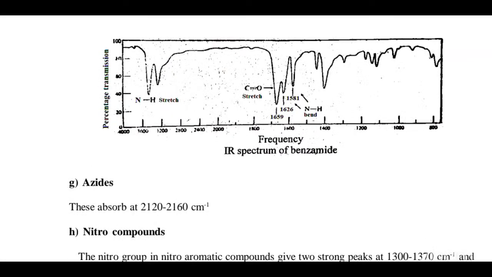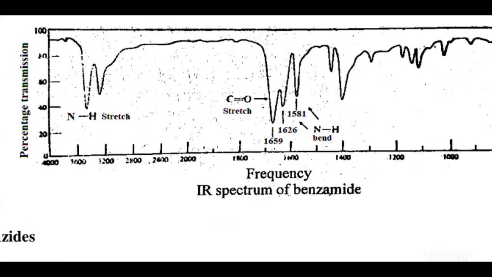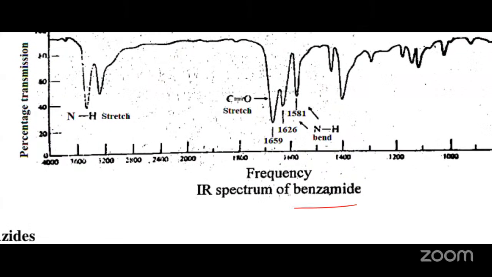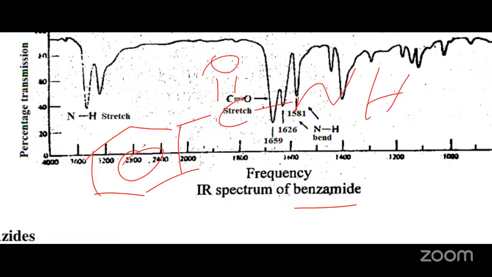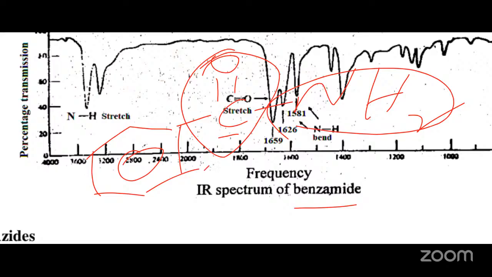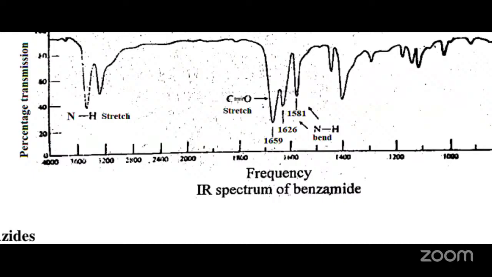Here is benzamide. In the benzamide, you can see the carbonyl, NH, and the aromatic C double bond C and CH. These are the characteristic absorption bands.